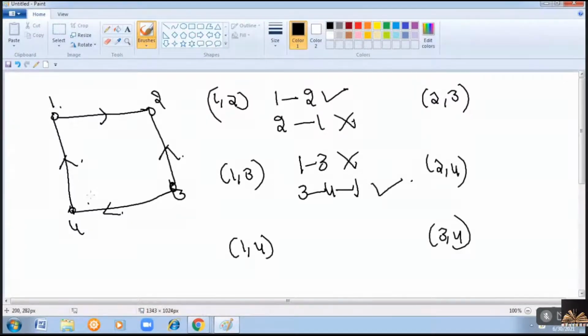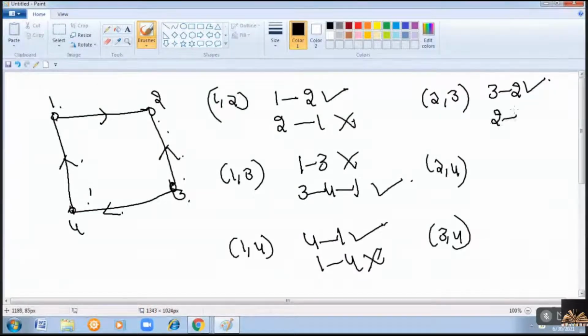Now consider the pair 1, 4. I can reach 1 from 4. Can I reach 4 from 1? From 1, I cannot reach 4. Next, 2 and 3. I can reach 2 from 3. Can I reach 3 from 2? No, you cannot reach. 2 and 4: can I reach 4 from 2?